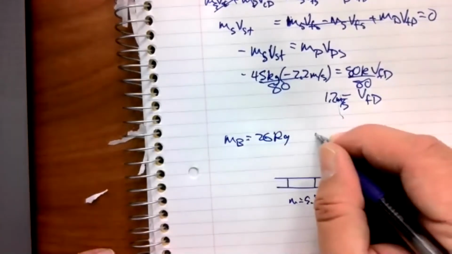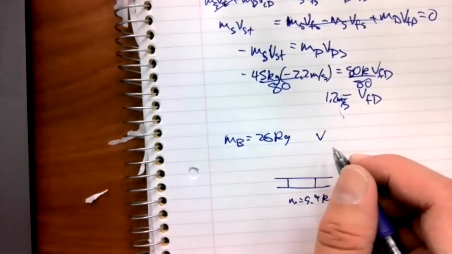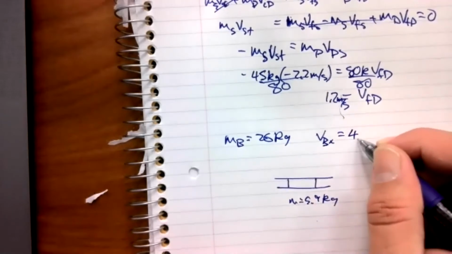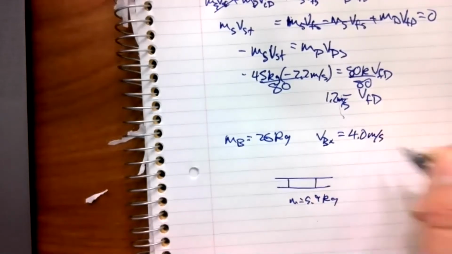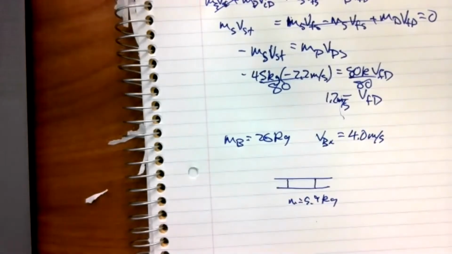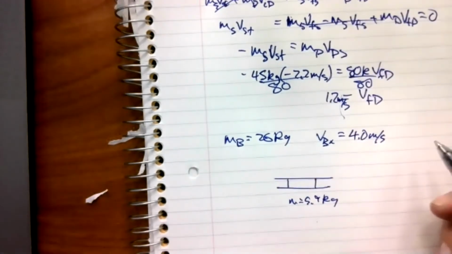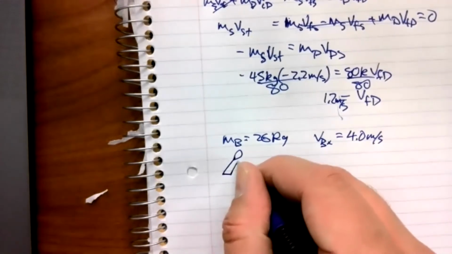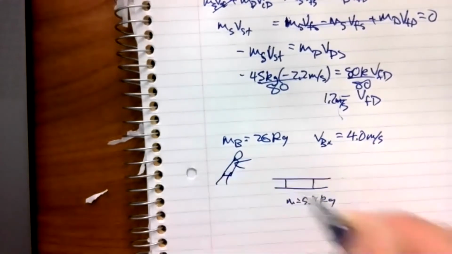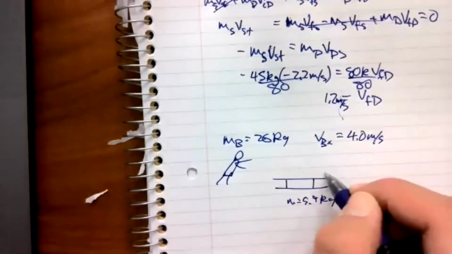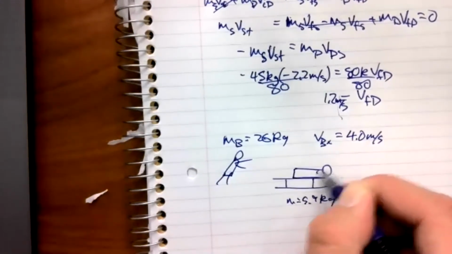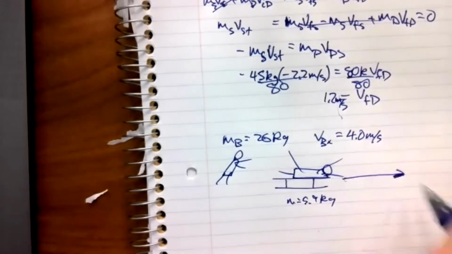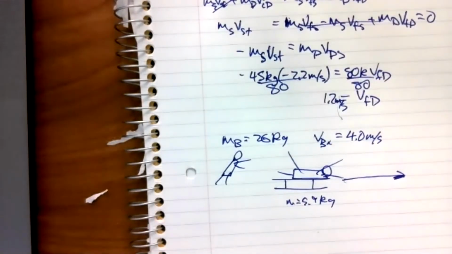And his velocity is 4 meters per second. Okay. So then the question is, all right, so here's our human. So he jumps on the sled. And then what is the final velocity of our system?